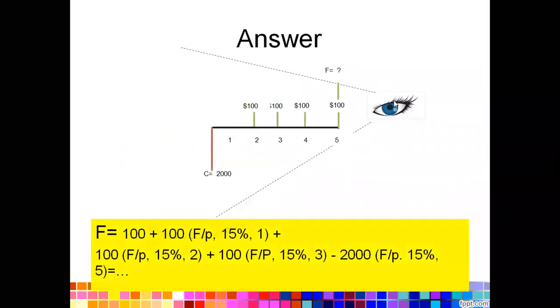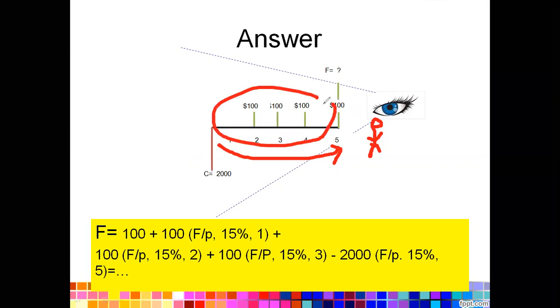It means the equivalence will be converted to your right. This is your new axis. Since you are in the future, you may consider all the cash flow as your present or as your past, right?